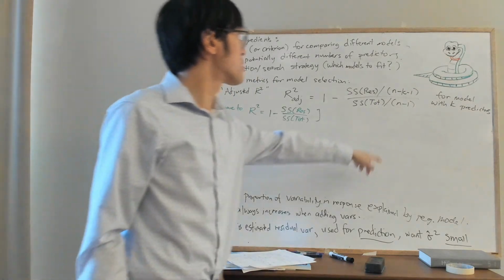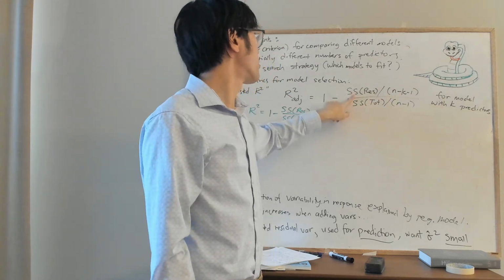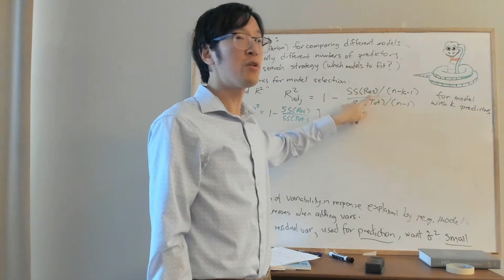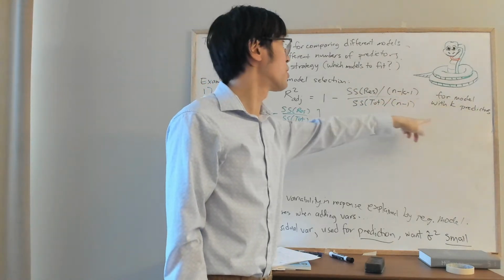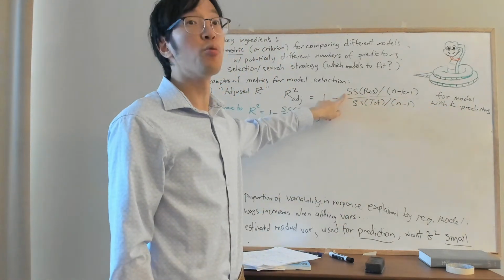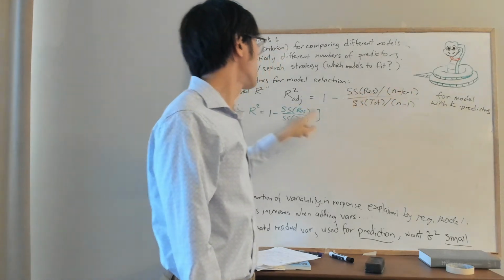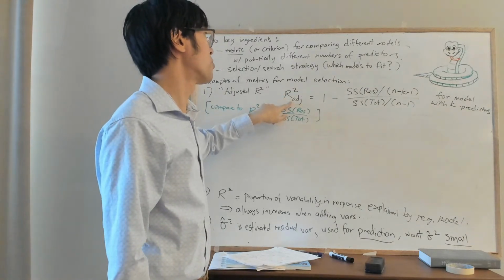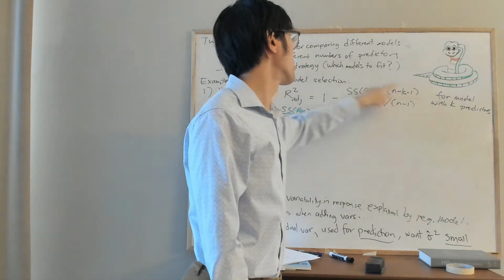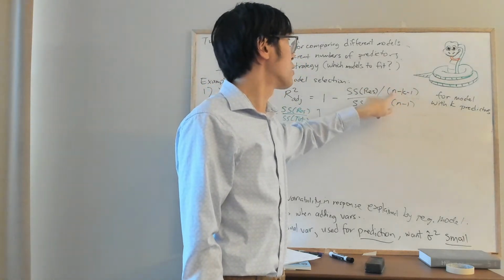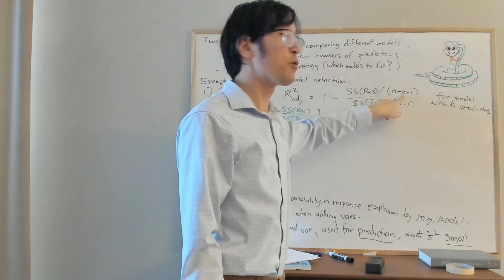The more predictors you put in, if the sum of squares residual doesn't change when you add an additional predictor, then the denominator of that ratio goes down, so the ratio is going to be larger, because we're dividing by fewer degrees of freedom.